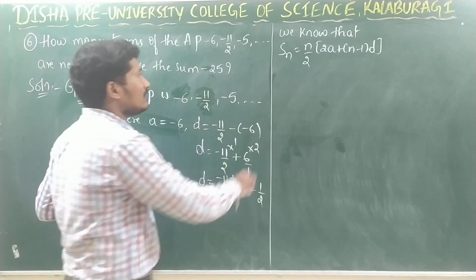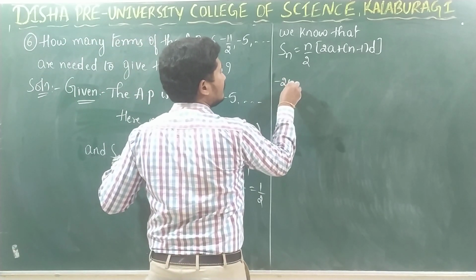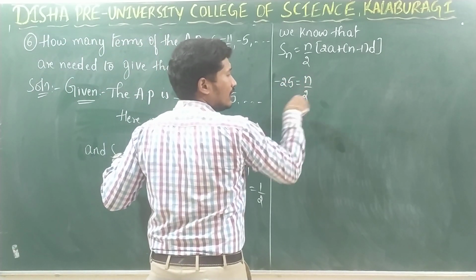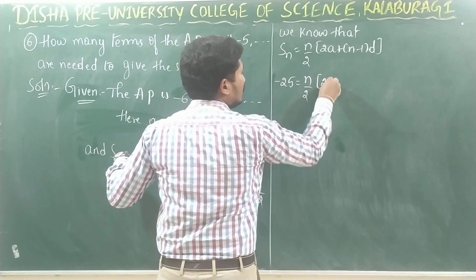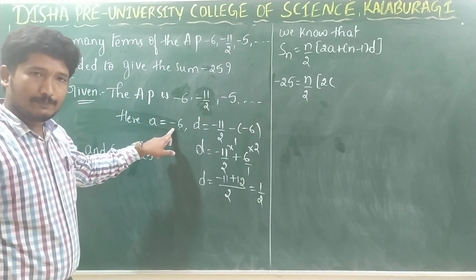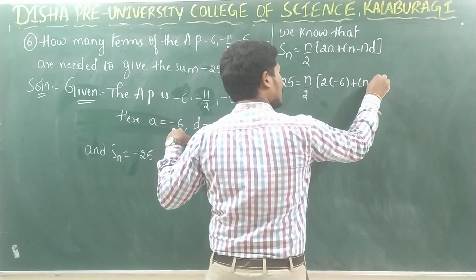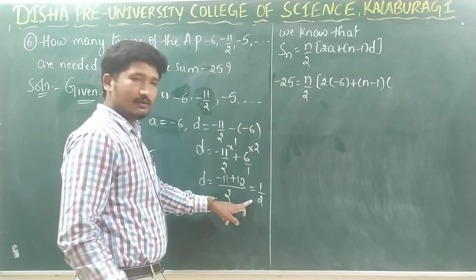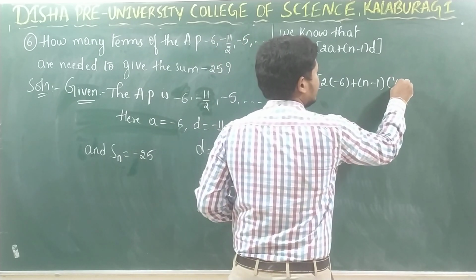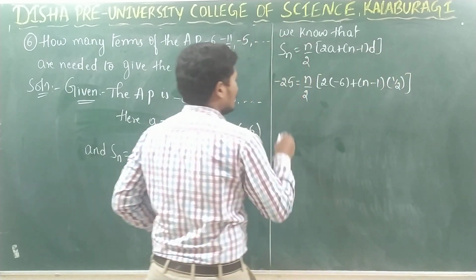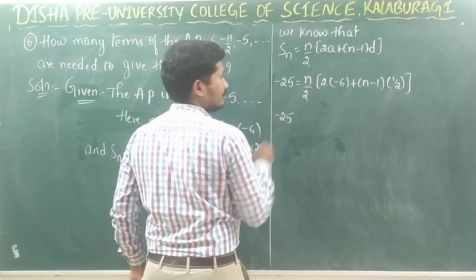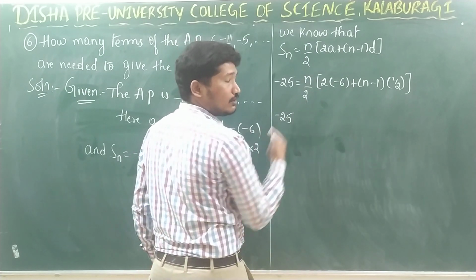What is Sn here? Minus 25. We need the value of n. 2 into, what is the value of a? Minus 6, plus n minus 1 as it is. What is the value of d? 1 by 2. So minus 25. See, this is product of two terms.